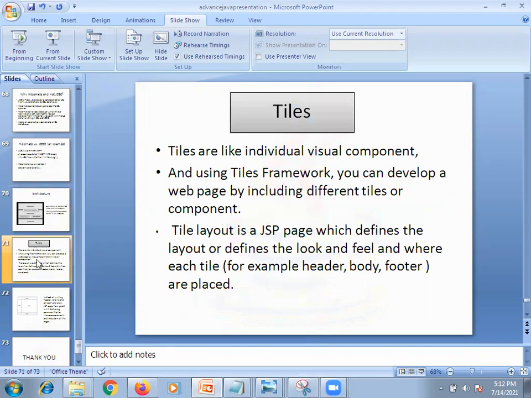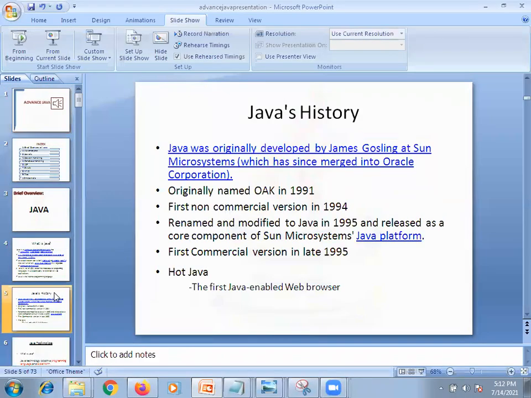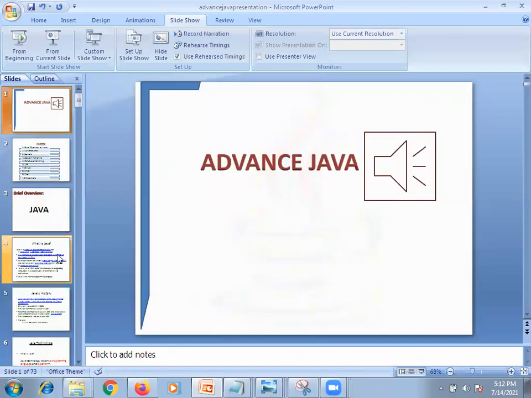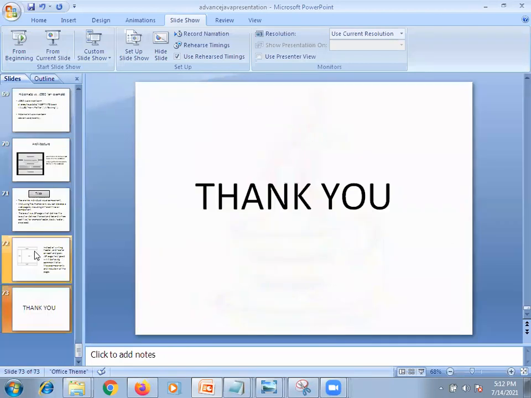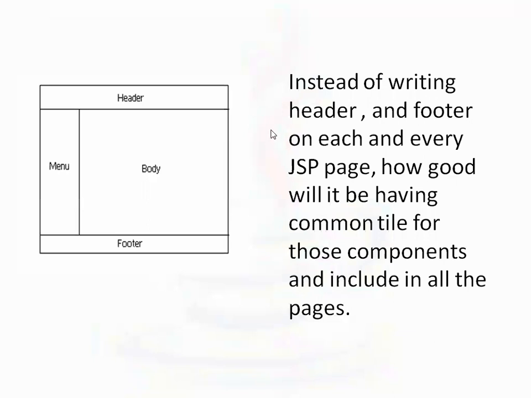Now one more feature is there in Struts that I already told you, related to tiles. What is tiles? Tiles is a framework which we use to develop the UI. We divide each page like this: header part, menu, body, footer.